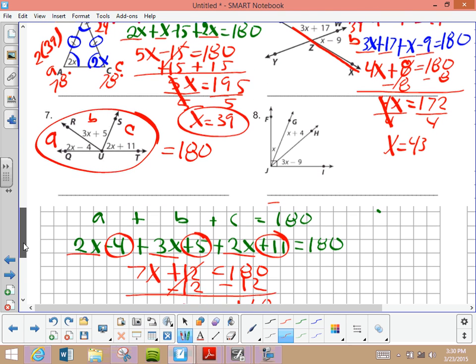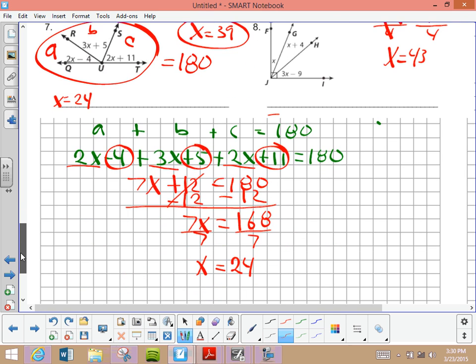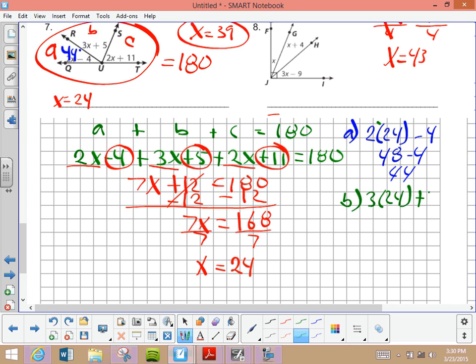You can come up over here again and then just substitute. And you do on the side. For A, it's 2 times 24 minus 4. That gives me 48 minus 4, 44. So this is 44 degrees. And then for the next one, B is 3 times 24 plus 5.